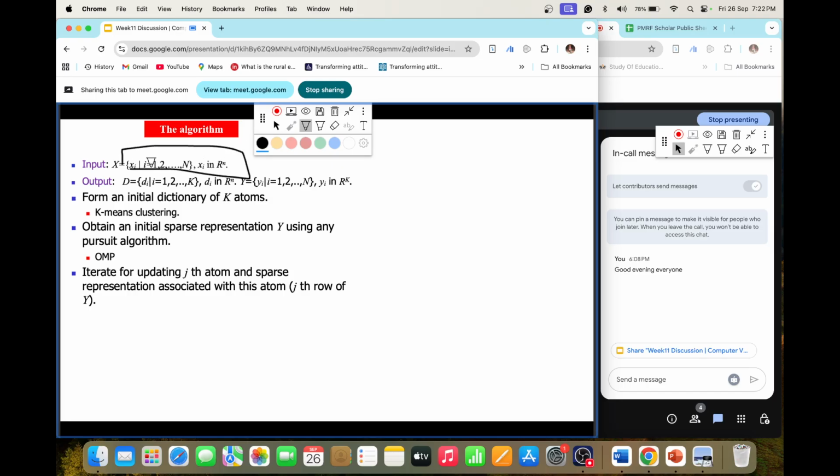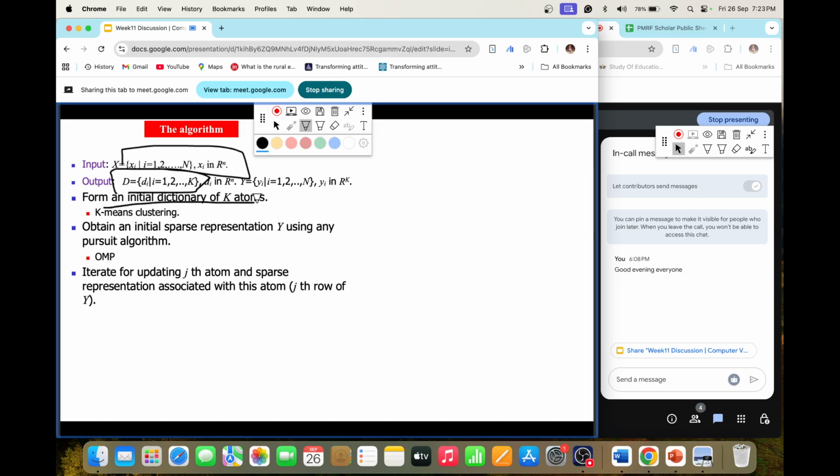I have told you we have N data points, xi from i to capital N, so x1, x2, x3 up to xN. The output is a dictionary that we want to achieve.